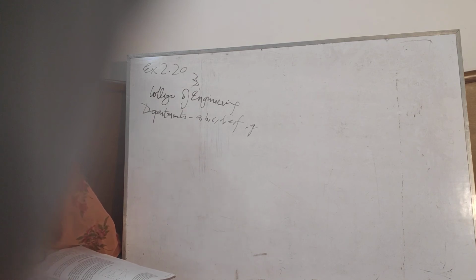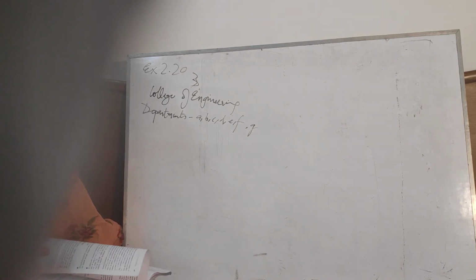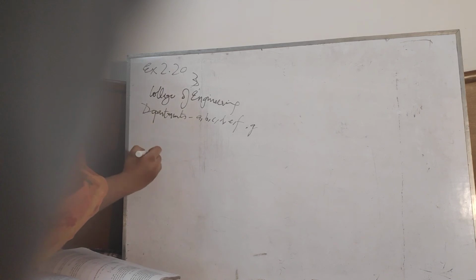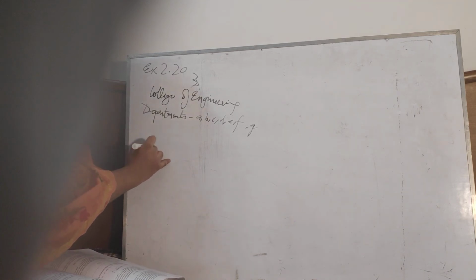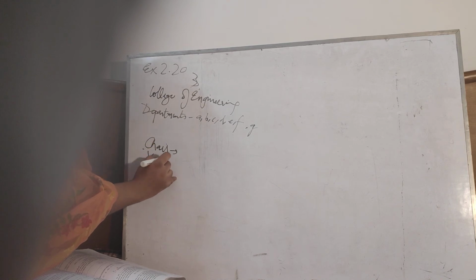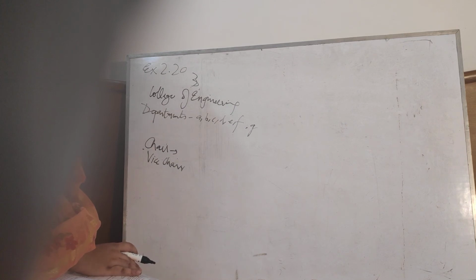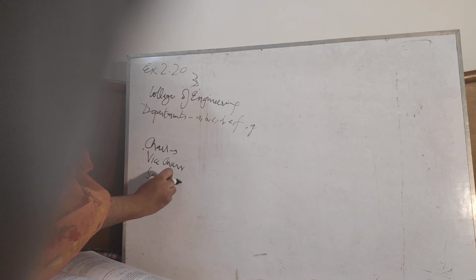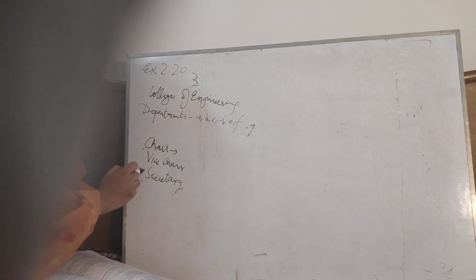Okay, so there are 7 departments and there are 7 representatives. One is to be chosen as chair, another as vice chair, then secretary, so different placeholders.